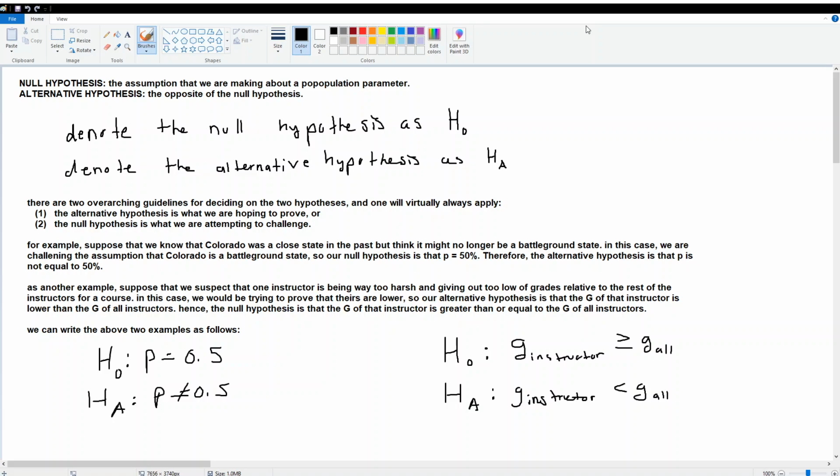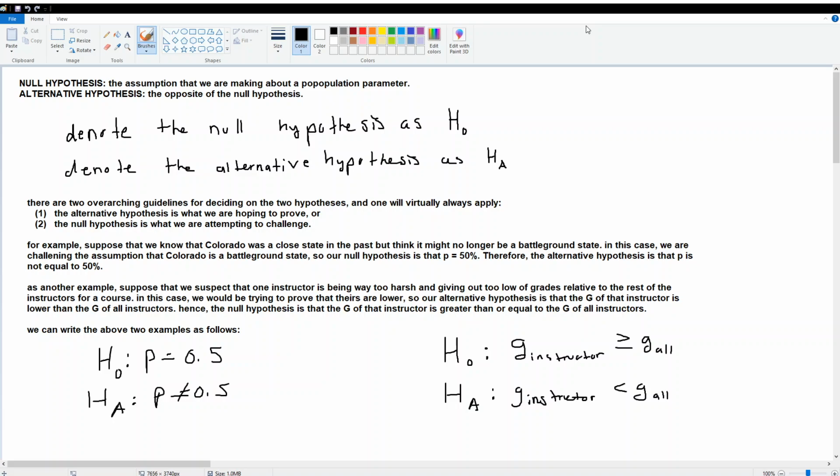In this one, for that example, we wanted to challenge this assumption, and that allowed us to identify the null. Therefore, the alternative is the opposite. If you've got one of the hypotheses, it's very easy to get the other one because it's the opposite. Now, let's suppose we think we've got a professor who's being a stick in the mud and just failing the whole class.